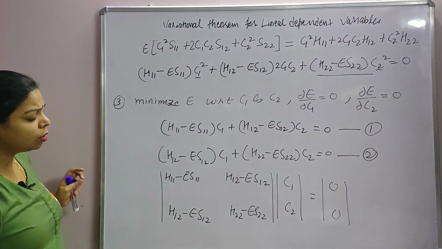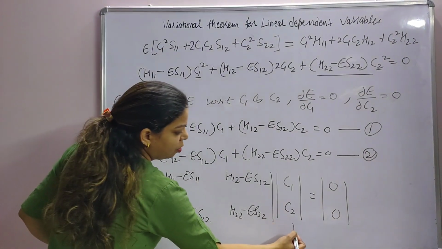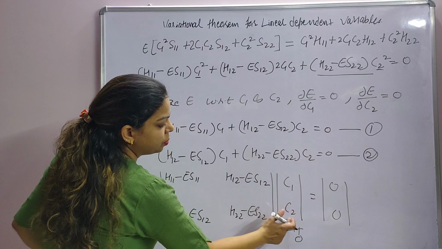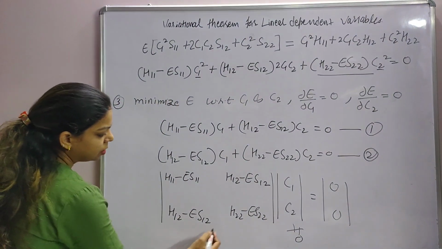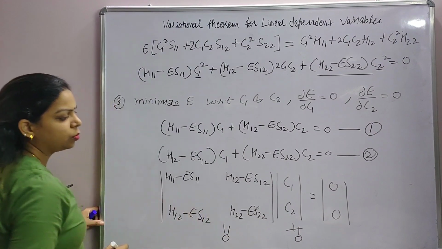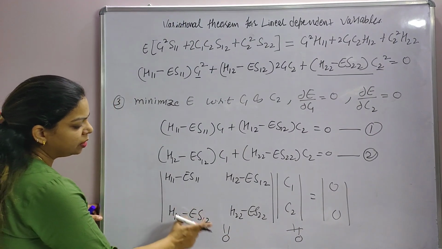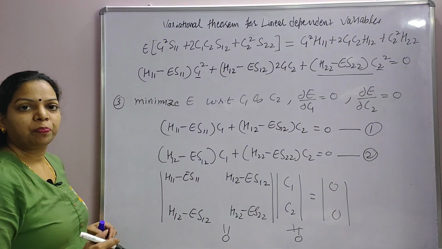Now this cannot be equal to 0, because if the coefficients become 0, the wave function will vanish. It means this determinant has to be equal to 0. So we equate this determinant to 0.